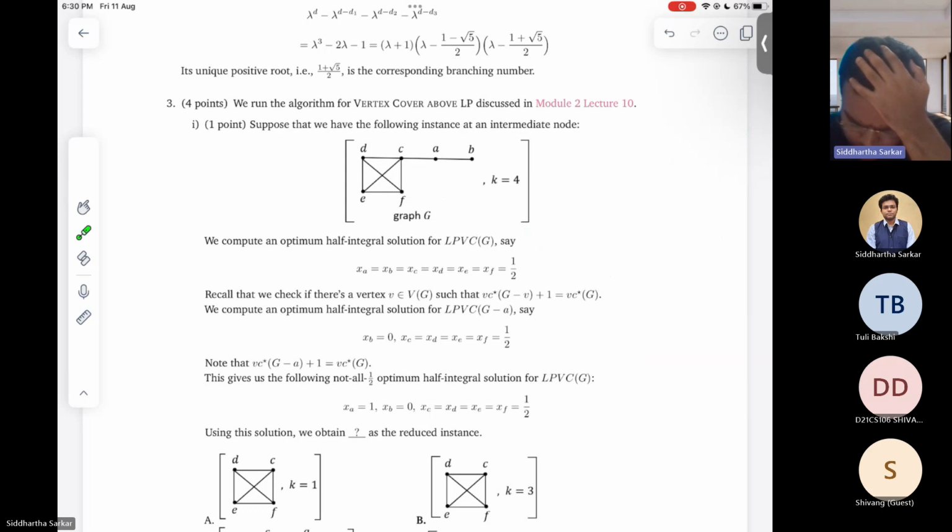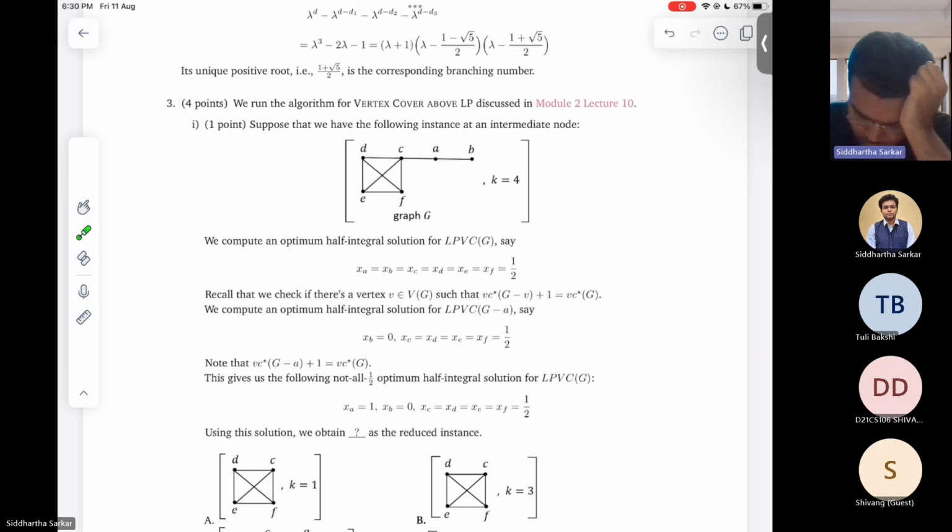We have seen that for vertex cover, the optimal LP solution is half integral. That means all the LP values are either 0, half, or 1. So if you set all the variables corresponding to these 6 vertices to half, then you get an optimal half integral solution.